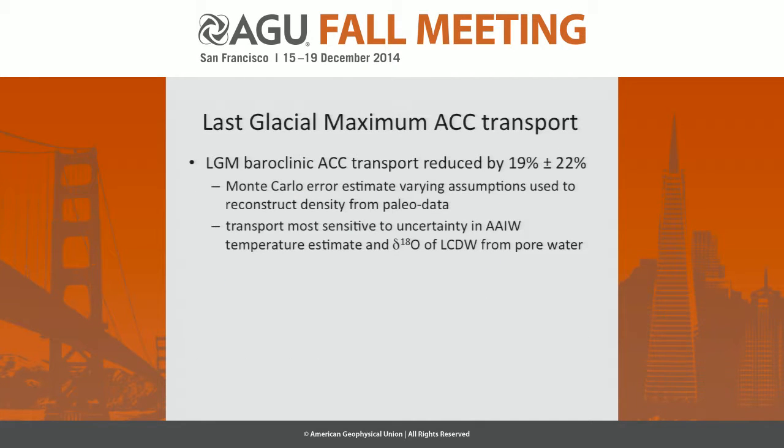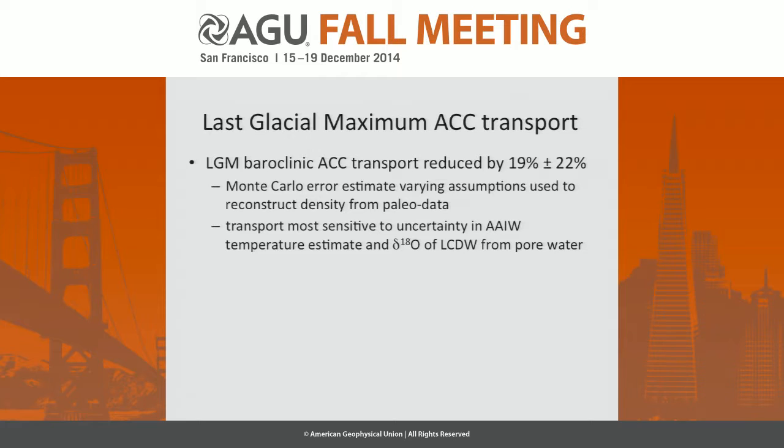So when we put all this together and estimate the LGM baroclinic ACC transport, we find that it is reduced by about 20%, but with an error of about plus or minus 20%. And this error is determined using a Monte Carlo error estimate, varying all of the assumptions that we put in, mostly into translating those oxygen isotope data into density estimates.